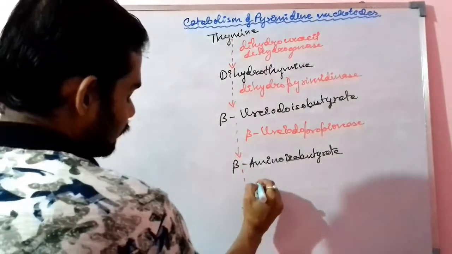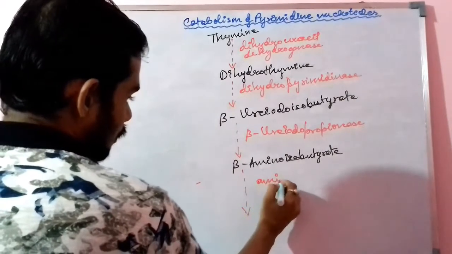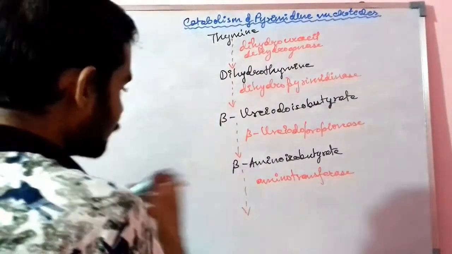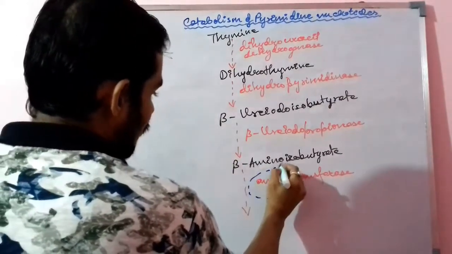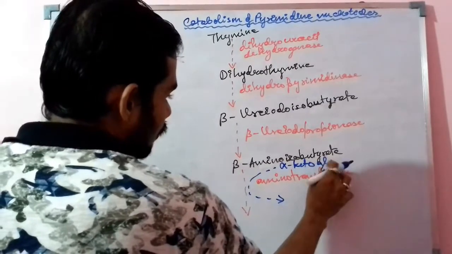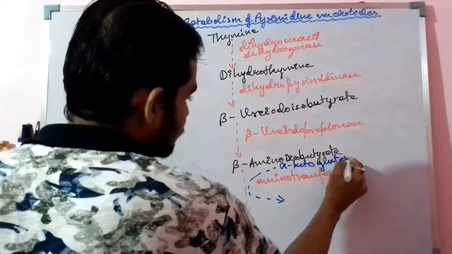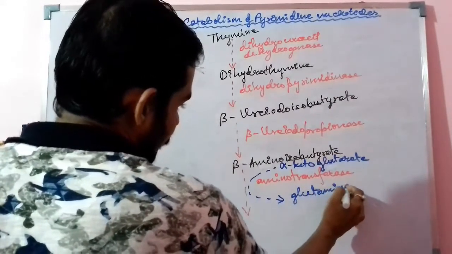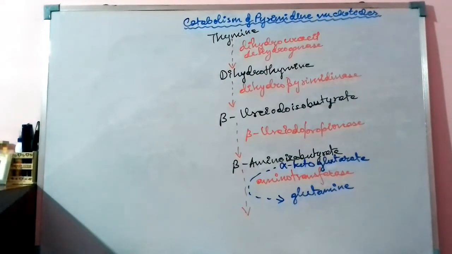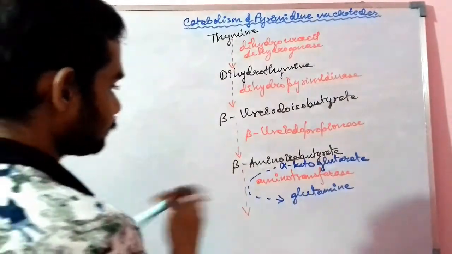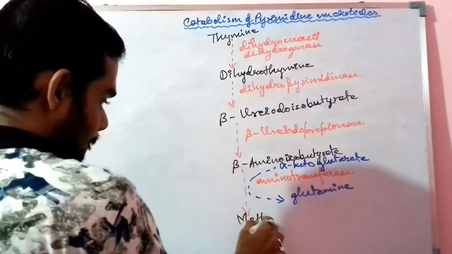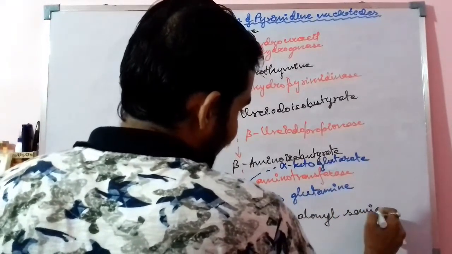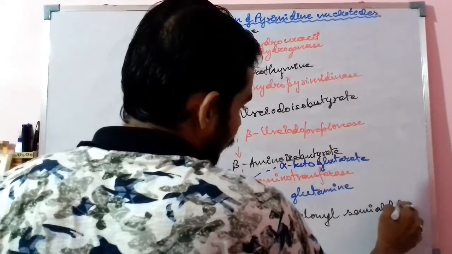Now the beta amino isobutyrate, in the presence of aminotransferase, along with the conversion of alpha ketoglutarate to glutamate, forms methylmalonyl semialdehyde.